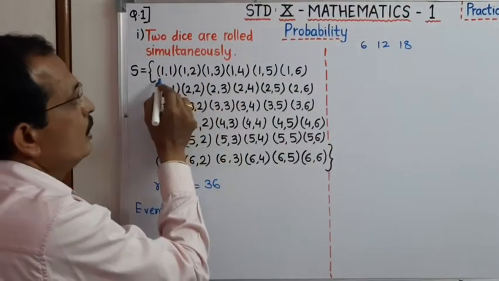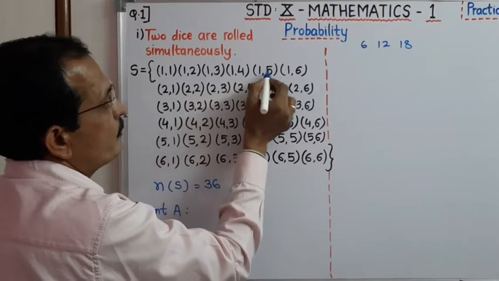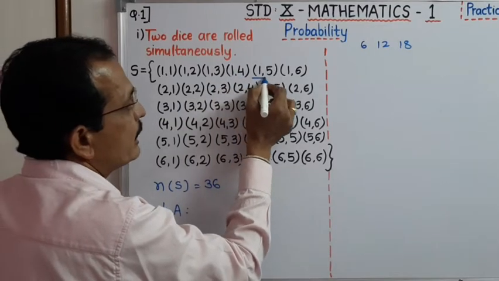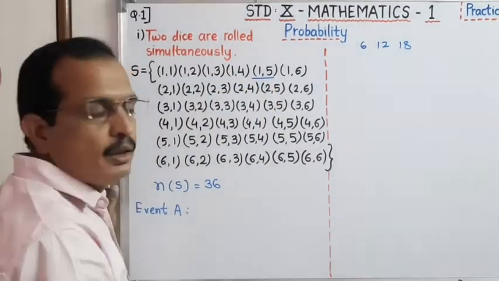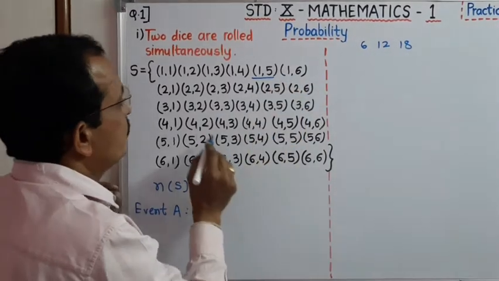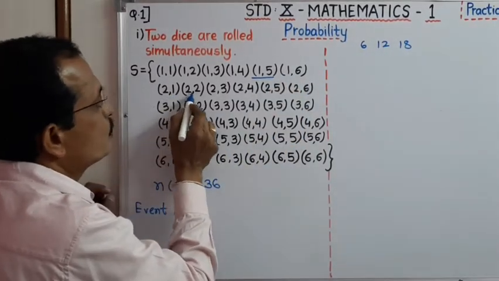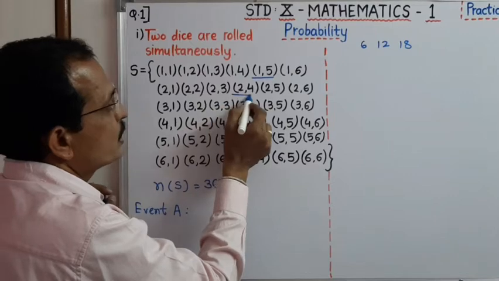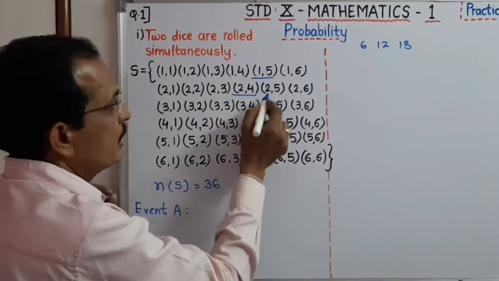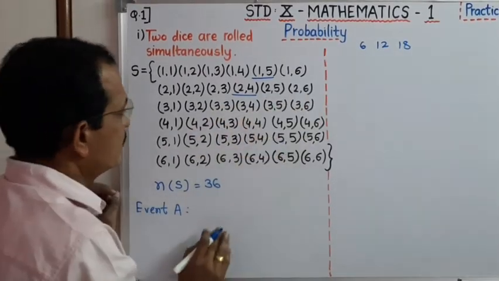Now see here, 1 plus 4, 5, 5 plus 1, 6. That means we can take this. Then 6 plus 1, 7. 2 plus 1, 2 plus 2, 2 plus 3, 2 plus 4 it is 6, then it is 7, here it is 8.